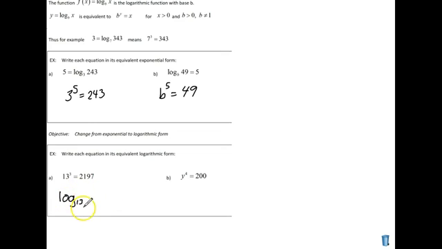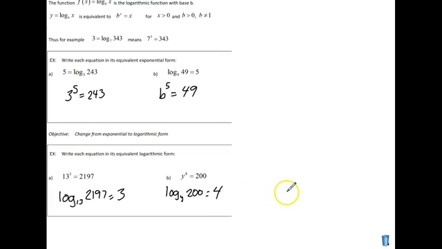So log base 13, our x value that goes in our log here is 2,197, and then that equals our y value, which is our exponent on the exponential. Similarly here, this is log base y of 200, not 2,000, oops, got a little carried away with my zeros there, and that equals 4.